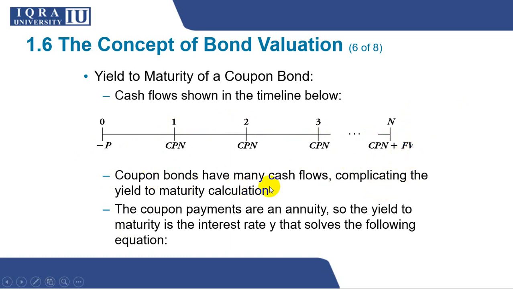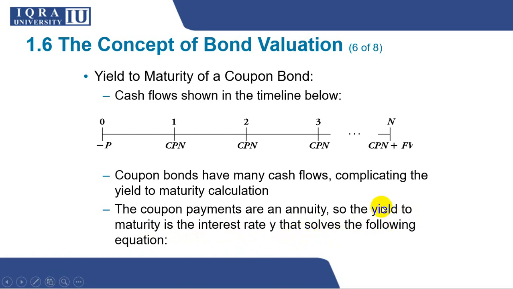So coupon bonds have many cash flows, complicating the yield to maturity calculation. So you have to see what the interest rates are during those years. So you have to discount back. The coupon payments are an annuity. So the yield to maturity is the interest rate y that solves the following equation.